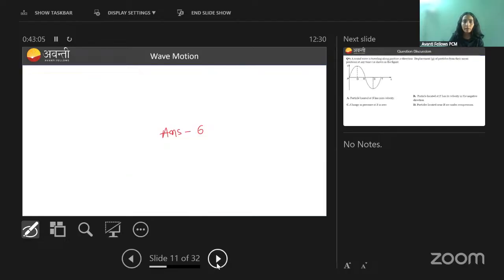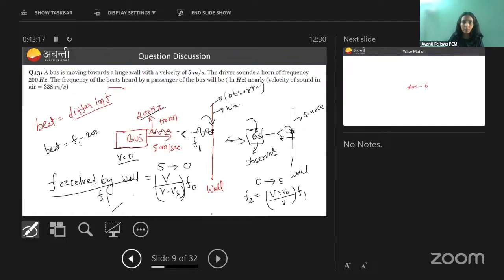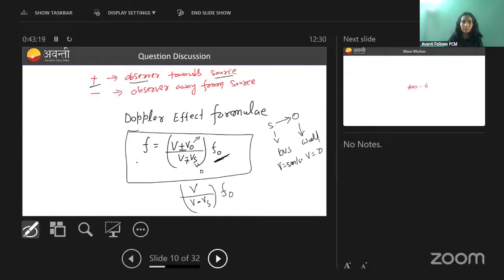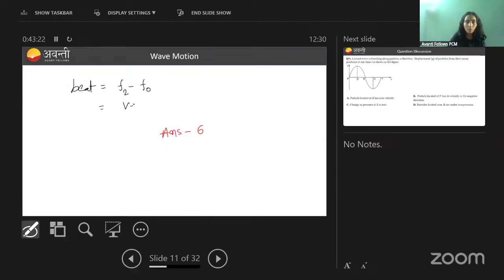Now let's solve it. Now you see, what will the beat number be? The beat will be simply F2 minus F0, right? F2 you will write as V plus V naught by V, into V by V minus Vs into F naught.